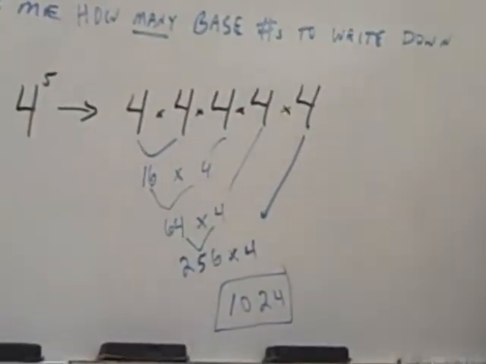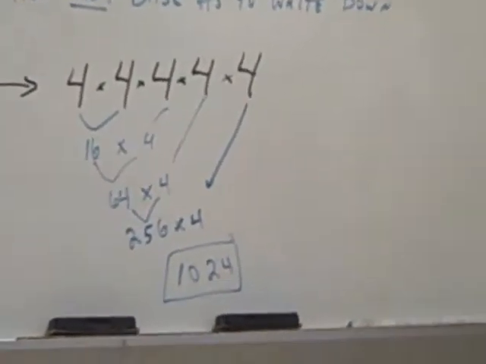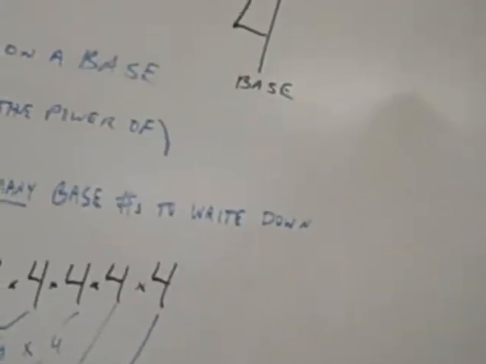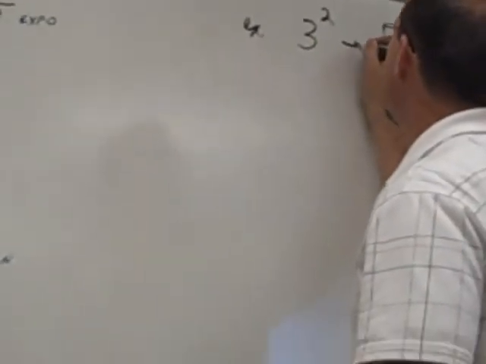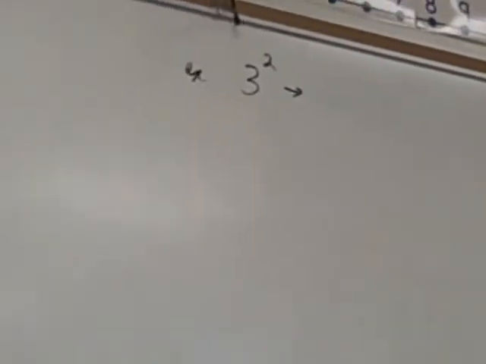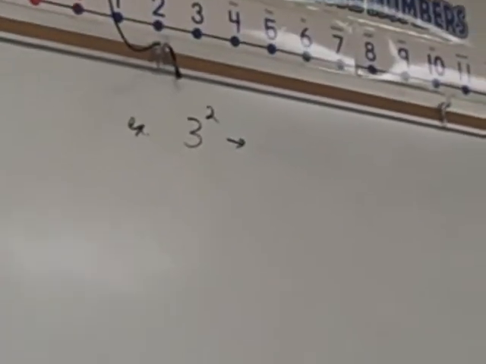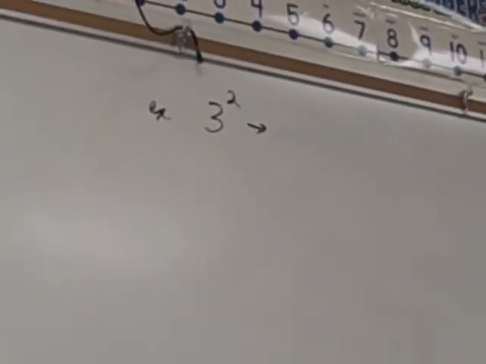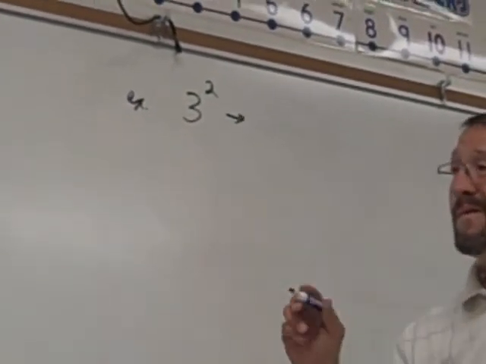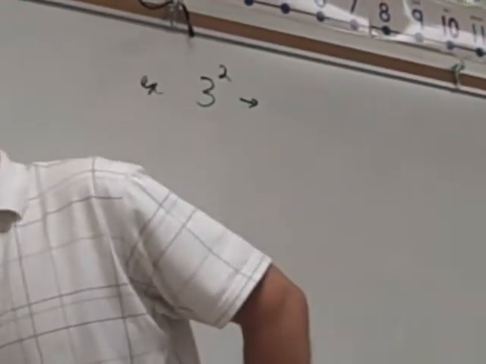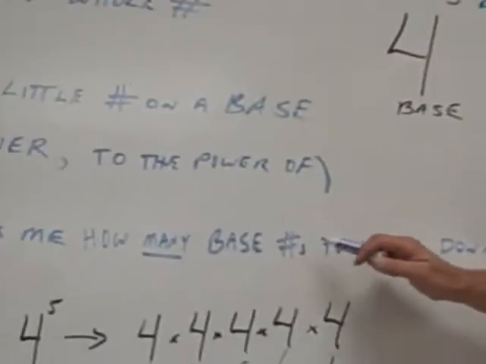So, another example. This one gets students every year. 3 to the 2nd power, or 3 exponent 2. What does this say? The exponent tells me how many base numbers to write down.